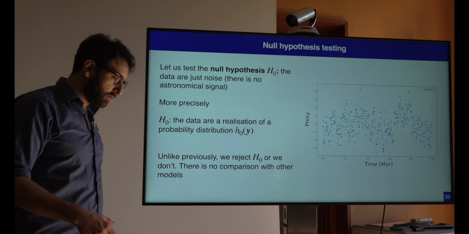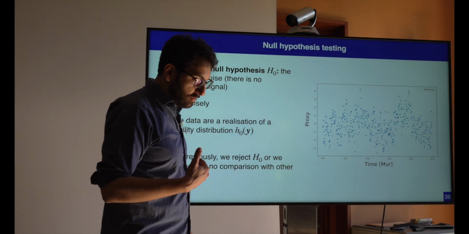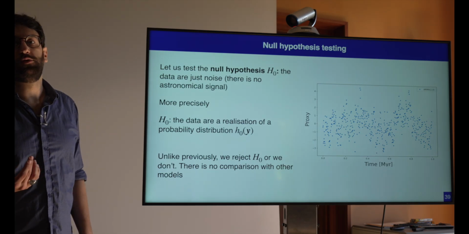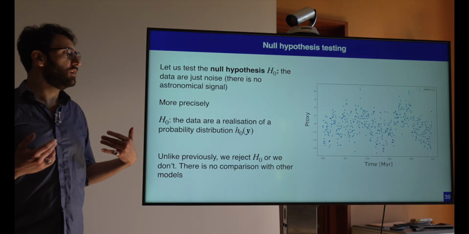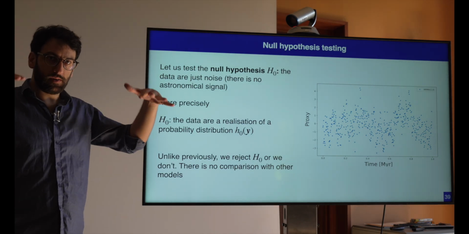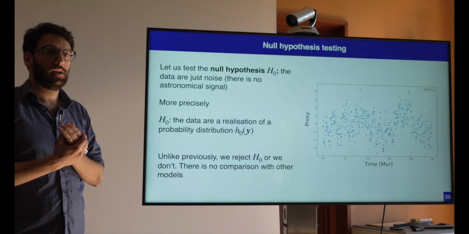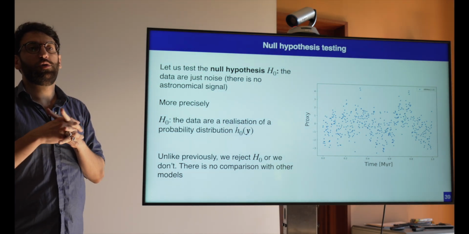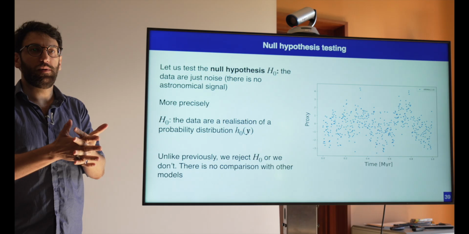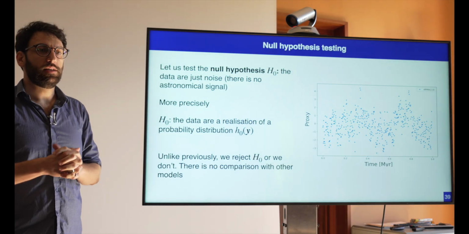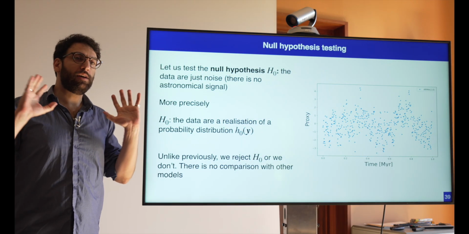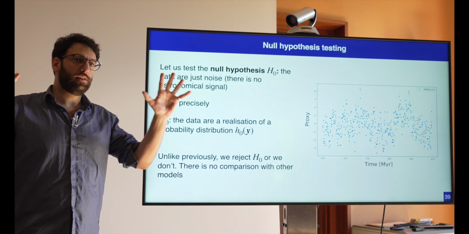So the statistical framework to do this is not model comparison as we've seen, but what we call the null hypothesis test. This is closer to what Karl Popper had in mind. I can never validate a scientific hypothesis.